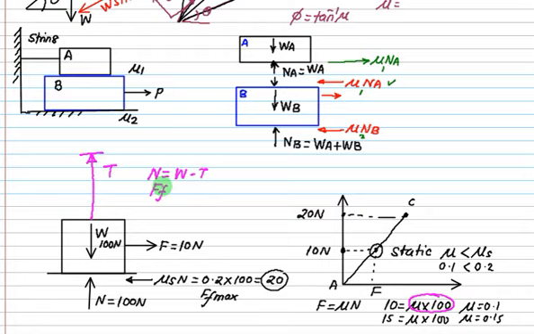Correct. Suppose tension equals 5 Newton. So the net normal reaction will be 95. Correct. If I increase the tension to 50 Newton, this value will become 50 Newton. If I increase this tension to 70 Newton, that facility I am having. Lifting facility I have, but I don't have pulling facility.